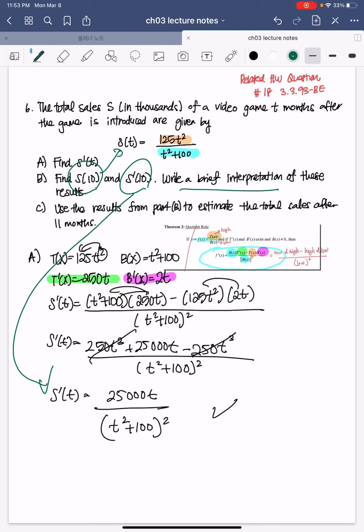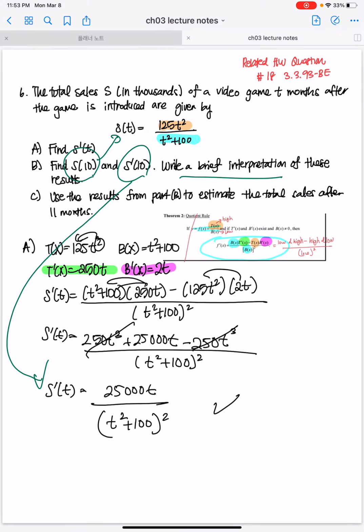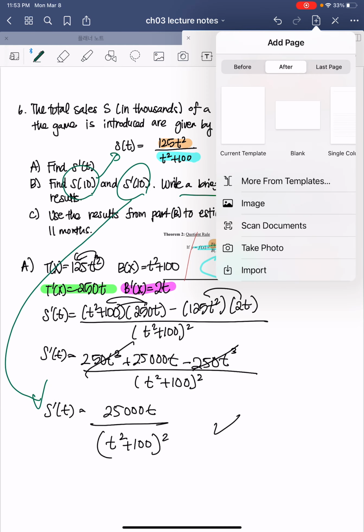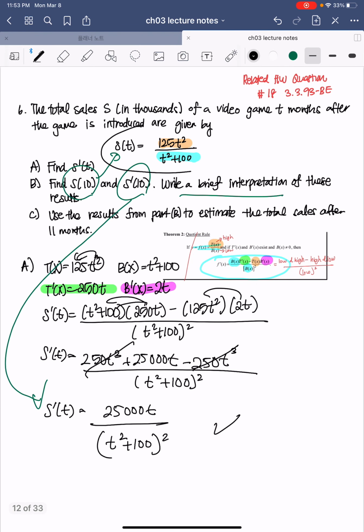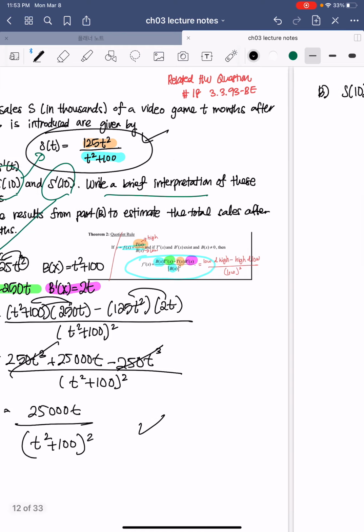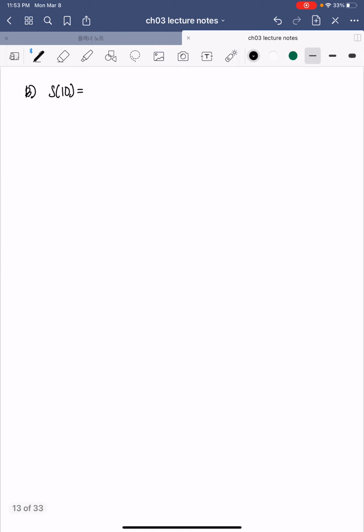So let's do that. Adding another page. Part B, S of 10, I'm plugging it into this. So I have 125 times 10 squared over 10 squared plus 100.